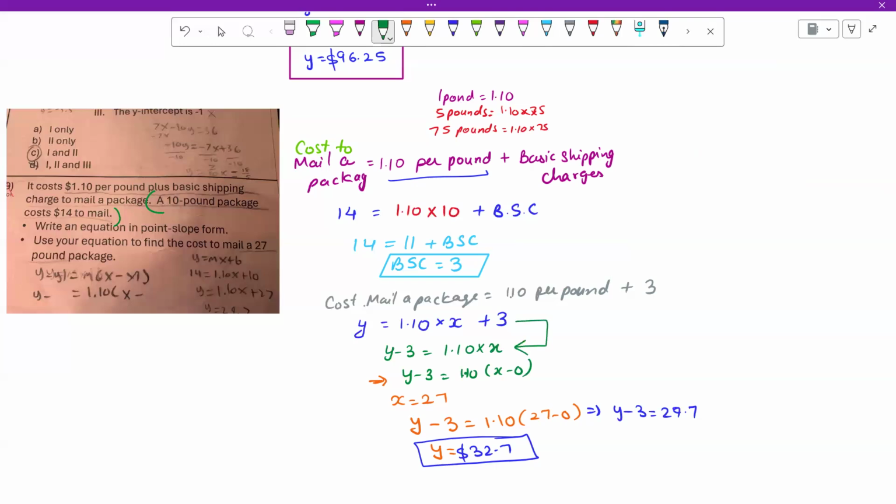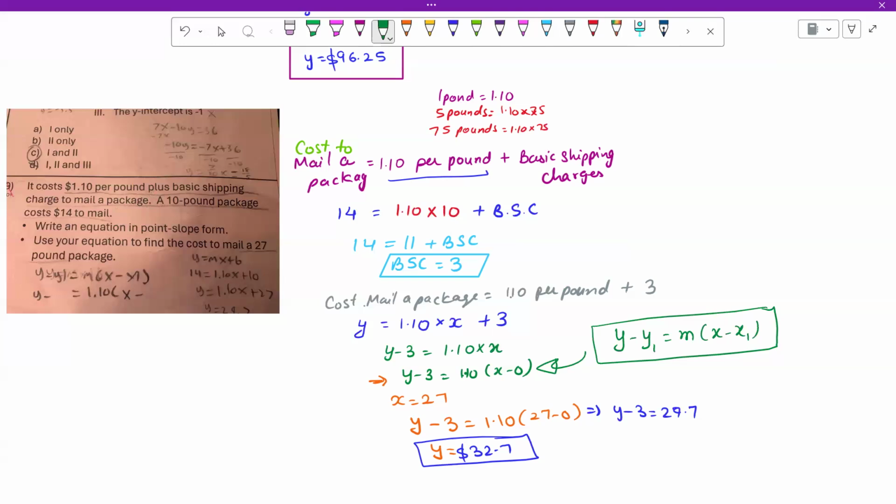So y minus y1. We took this to the other side to make it y1. Now we did not have anything with the x, so we made it x minus 0, because point slope form says y minus y1 is m times x minus x1. So our first part is done correctly.